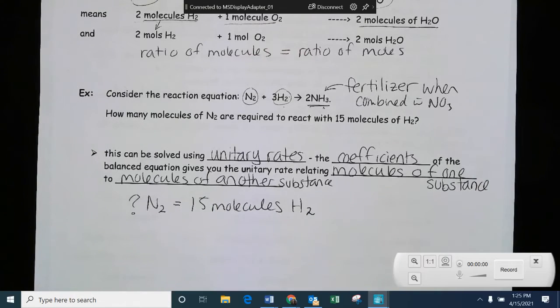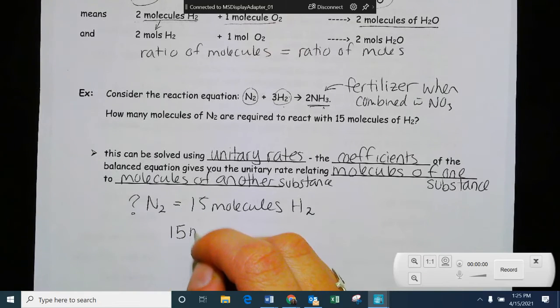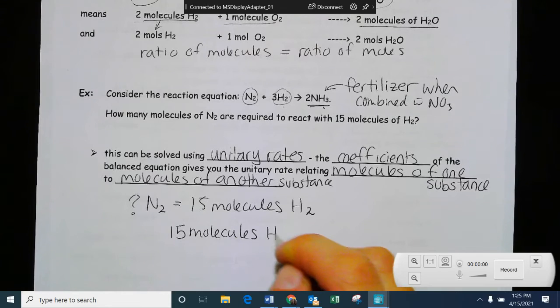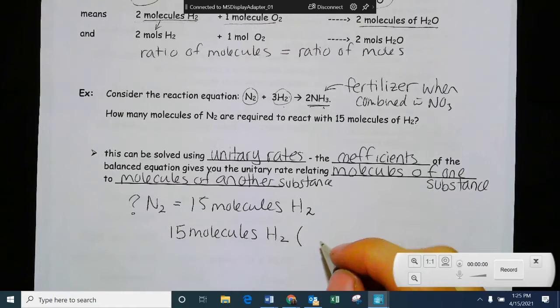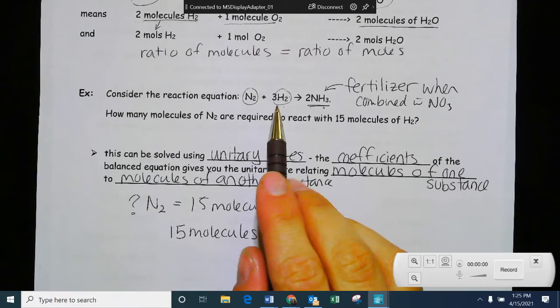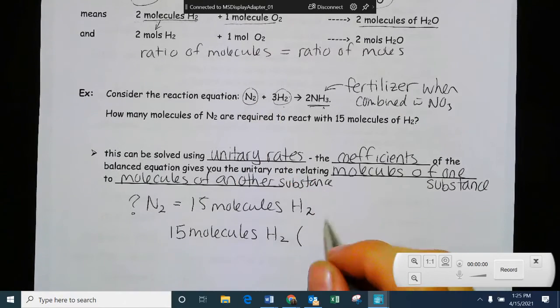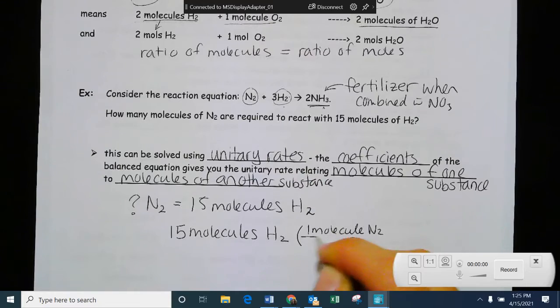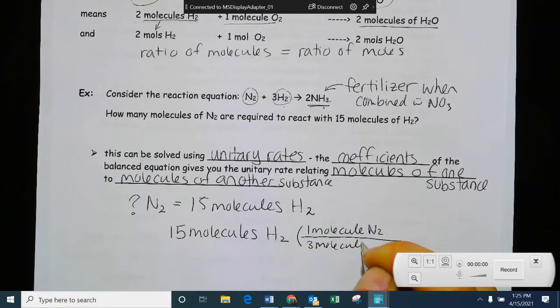So what we can do is go 15 molecules of H2, and multiply that by our unitary rate, which is, in the balanced equation, 3 to 1: 1 molecule of N2 for every 3 molecules of H2.